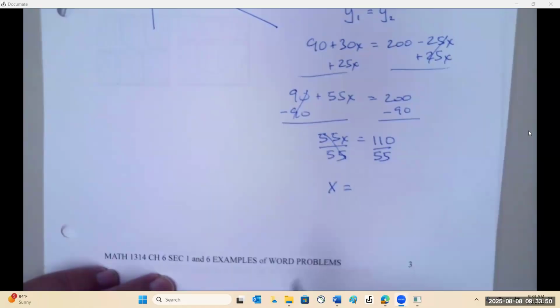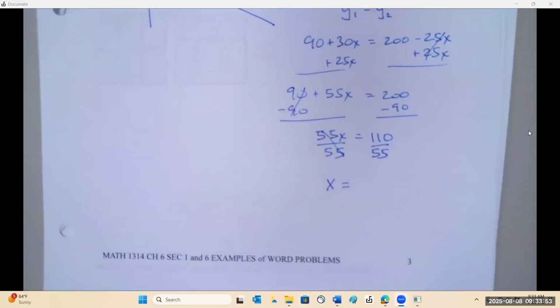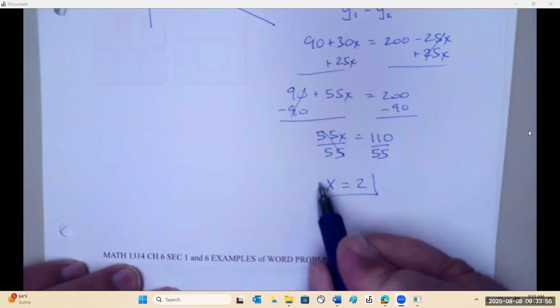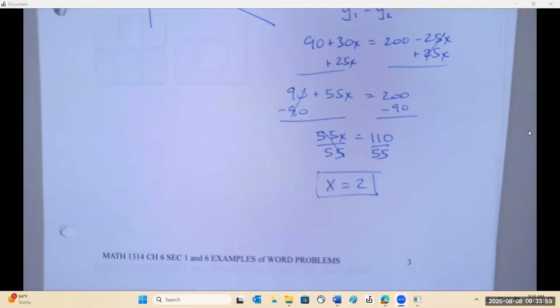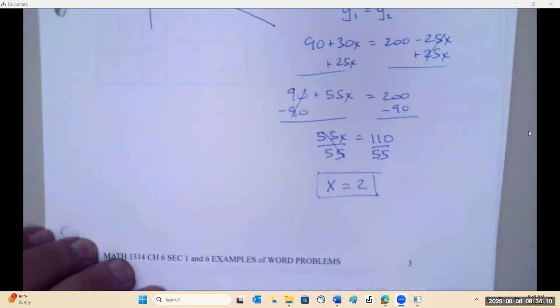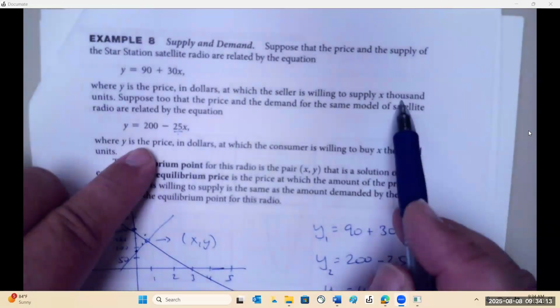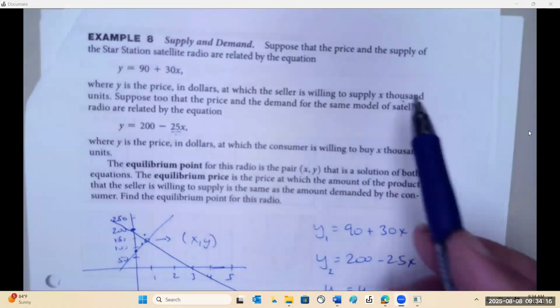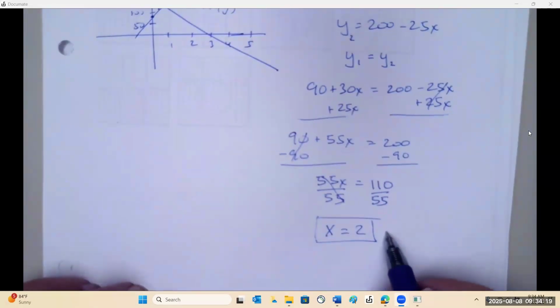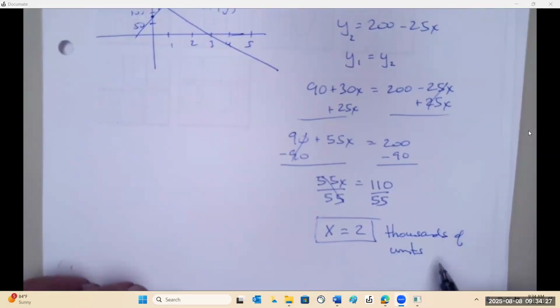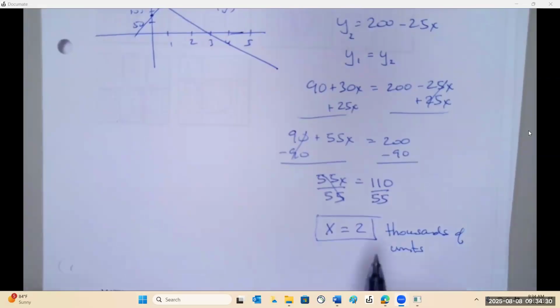So x is equal to what? 110 divided by 55 is 2. So that's how many thousands of units we need, because the x's are thousands of units. So this is thousands of units needed. What's the y value?